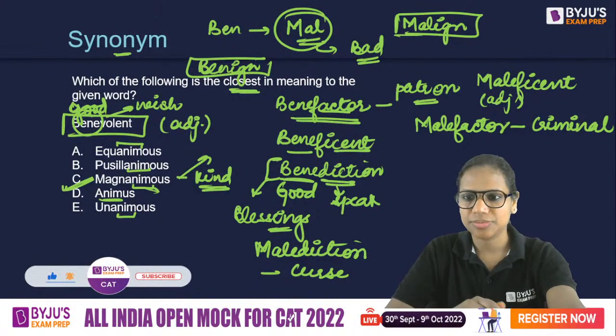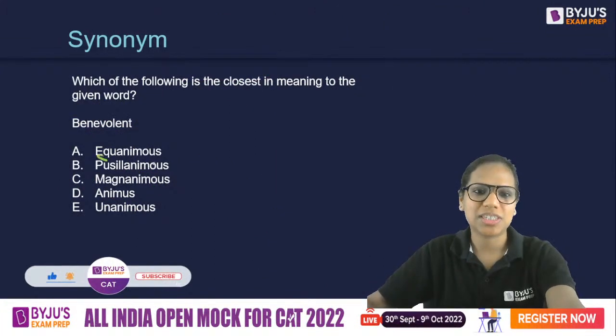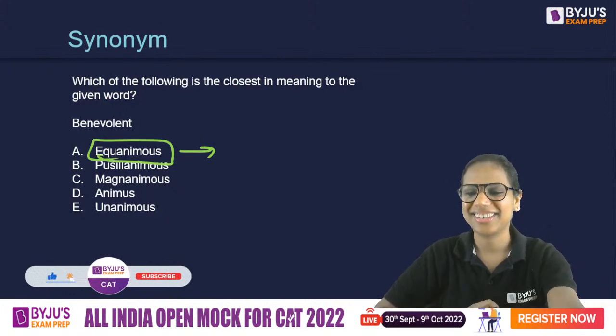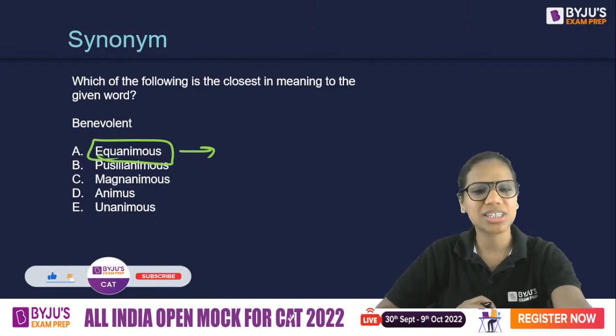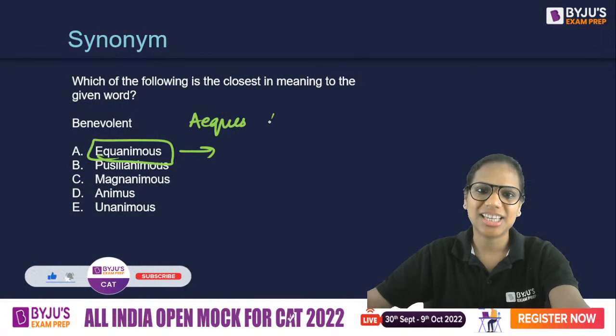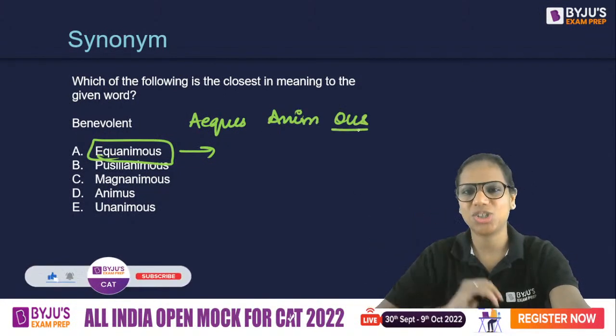All right. Now, so magnanimous, we guessed the meaning, okay? Now tell me the meaning of equanimous. Yes. What does equanimous mean? Equanimous. We know the roots very well. We know that it has equus, it has anim, and it has the suffix ous, which makes it an adjective.